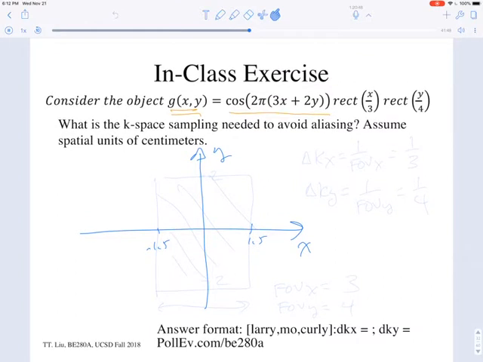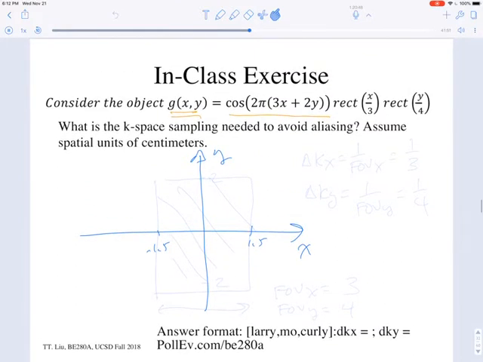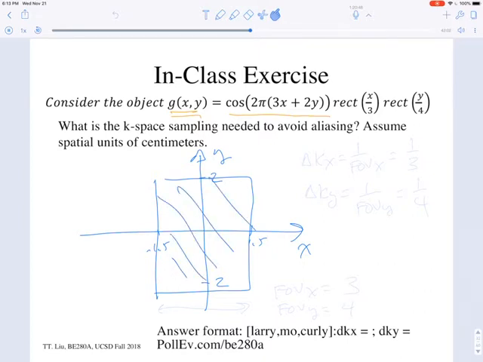And how wide is it in the y direction? 4, right? So it goes from 2 to minus 2. And that's the shape. Inside, it's doing something like that, but we don't really care right now. The first part is just meant to confuse you. We'll talk about that later, but the first part doesn't actually matter yet.